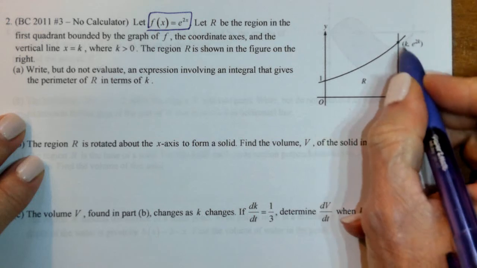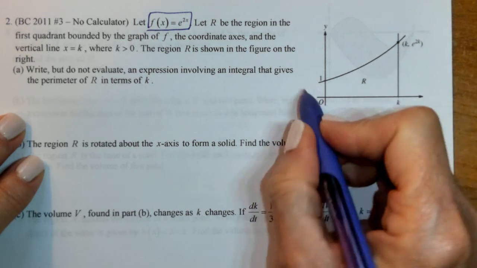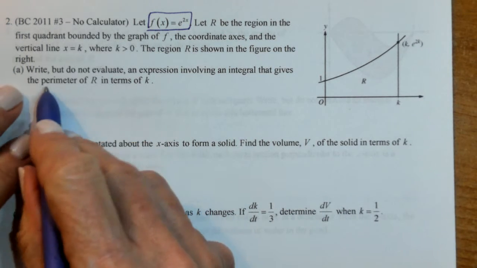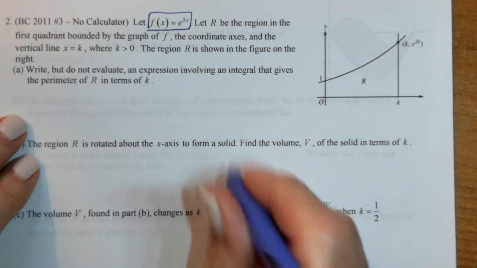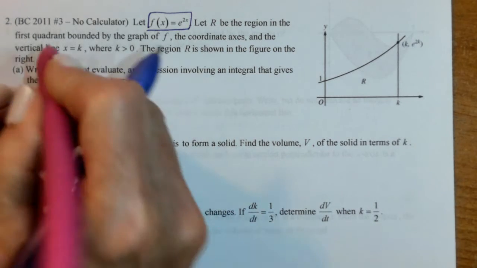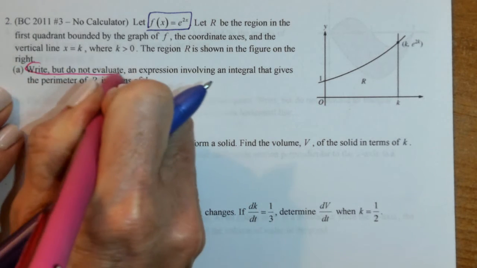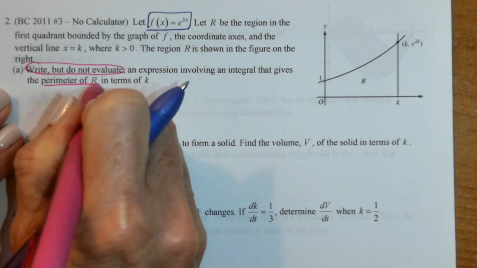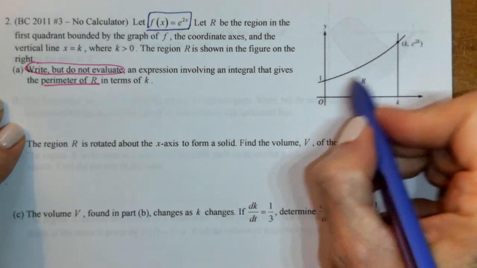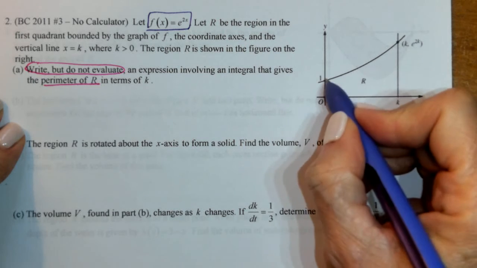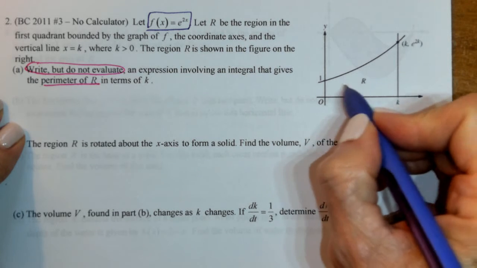Here's x equals k. And in part A, we want to write but not evaluate an expression involving an integral that gives the perimeter of R in terms of k. So the perimeter means we're adding up all of these sides of this shape.